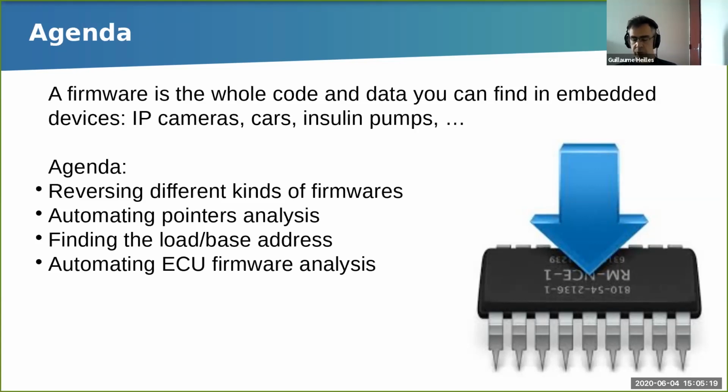In the training I give for hardwear.io about car hacking and connected car hacking, I go into more details about loading the firmware and finding this kind of information. But I wanted to present this work during the webinar.